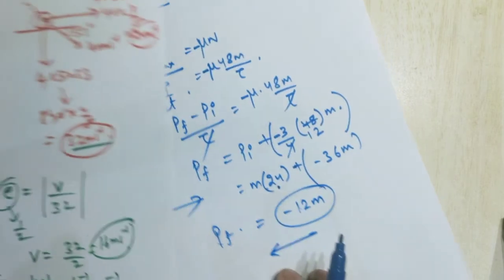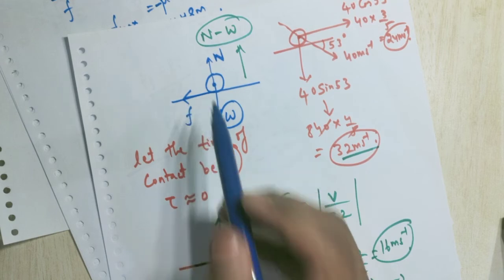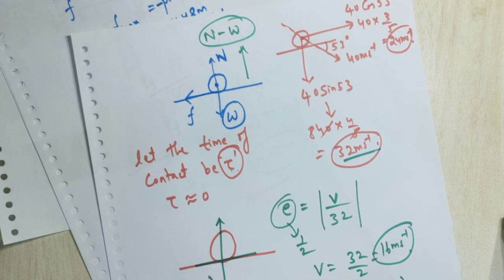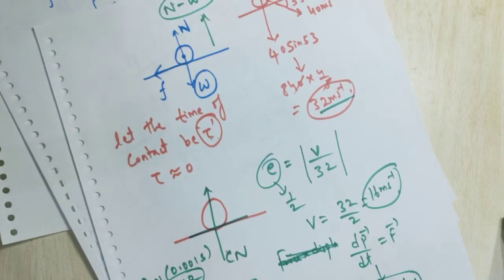So it is suggesting that the final momentum, because of the friction in the horizontal direction, is in the backward direction. But one thing you have to remember, friction is a self-adjusting force. Friction will only stop the relative motion, but friction will never reverse the relative motion. You never see on a ground that due to very high friction the ball will stop rolling and go in the backward direction. That is never possible. The ball will only stop rolling.